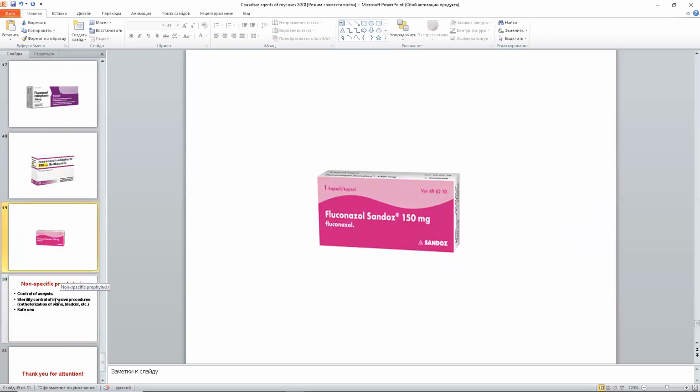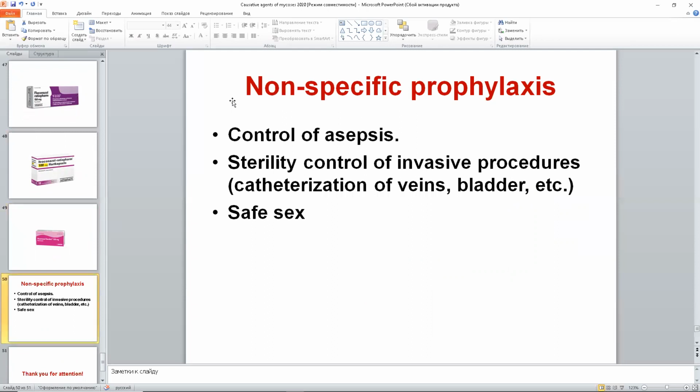A vaccine is not developed. So measures of non-specific prophylaxis, control of asepsis, because it is possible to develop candidiasis in hospitals due to some invasive procedures, catheterization of veins, sometimes before surgery it is necessary to check whether the urine is sterile or not, and so blood catheterization is done.